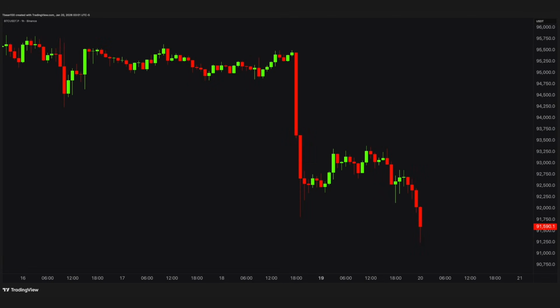For example, Bitcoin had this pretty incredible crash recently, dropping from 95k down to roughly 91k in 2 hours. Now, honestly, I do not enjoy crashes like that because this is not really clean price action in my view. This kind of move is basically news-based, a global reaction crash instead of something driven by natural price action.